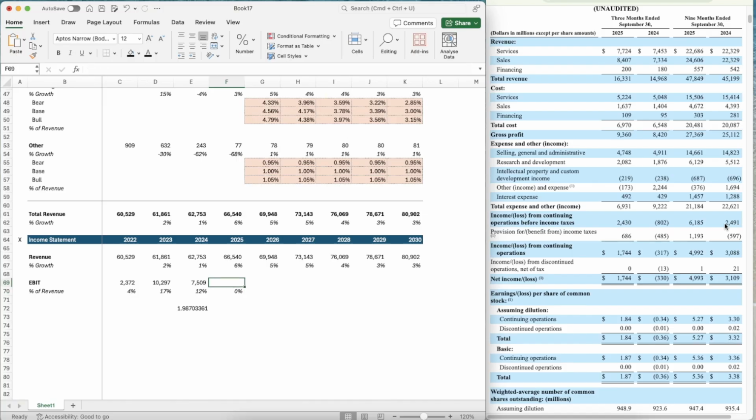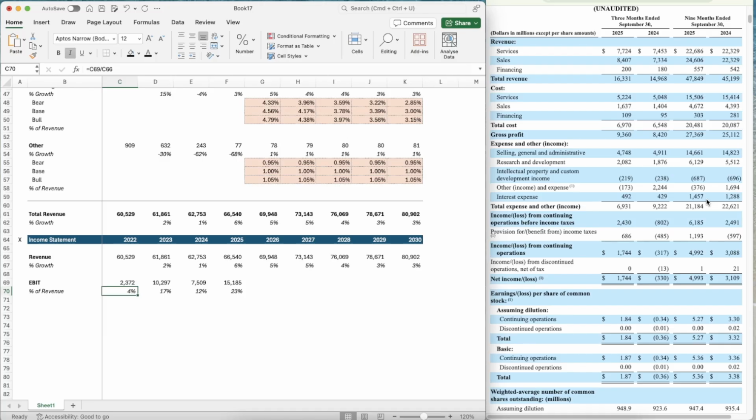Okay, so we then take, where is it? 6185 plus 1457 multiplied by 1.98703361. Okay, well that seems a bit healthier.